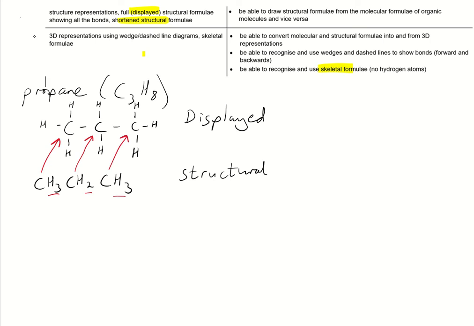So it relies on a little bit of understanding about the amount of bonds that things have: carbon 4, hydrogen 1, oxygen 2, and so on. Therefore you should be able to deduce that if this carbon on the end has 3 hydrogens attached to it, then its fourth bond must be to the carbon next to it.